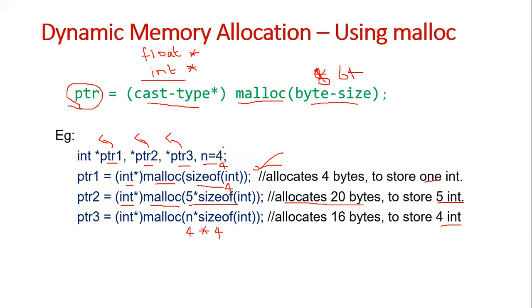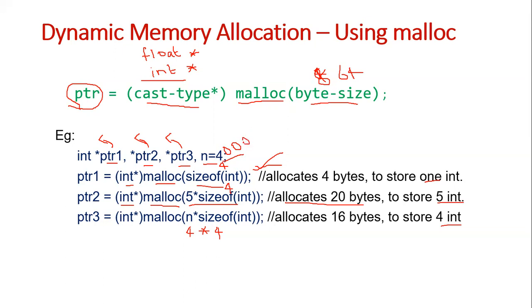Assume that n is 40 instead of 4, then how much memory will it allocate? It will allocate 160 bytes of memory, where you can store 40 integers. If you give 400, it will allocate 400 into 4, 1600 bytes of memory, where you can store 400 integers.